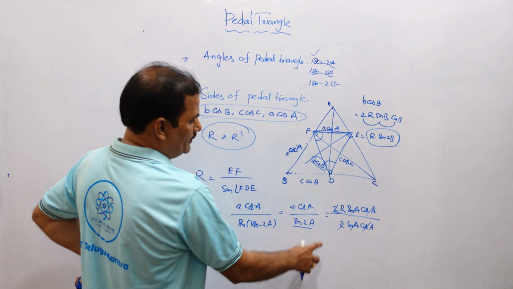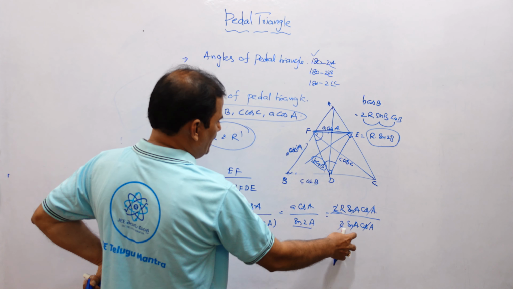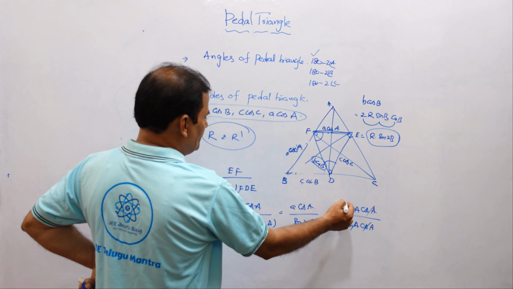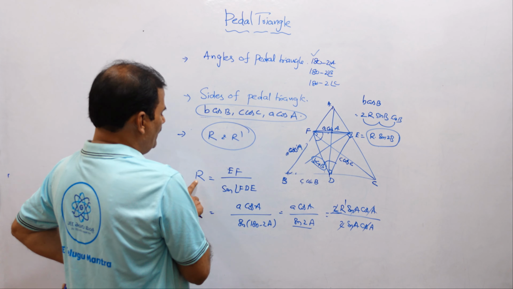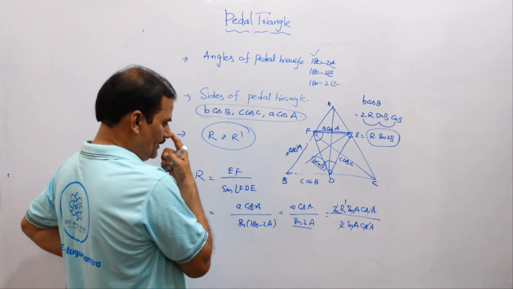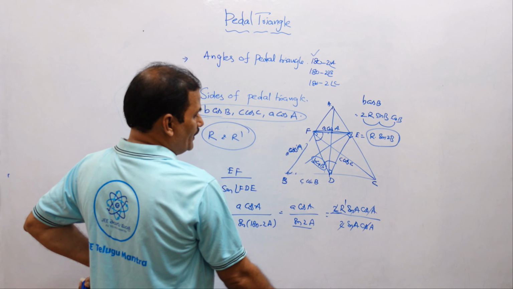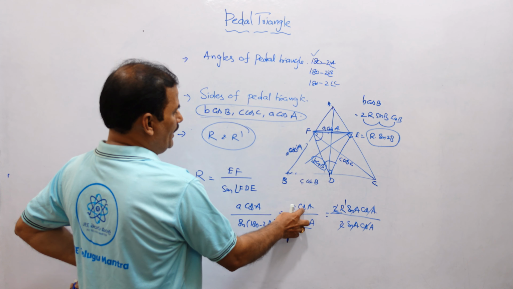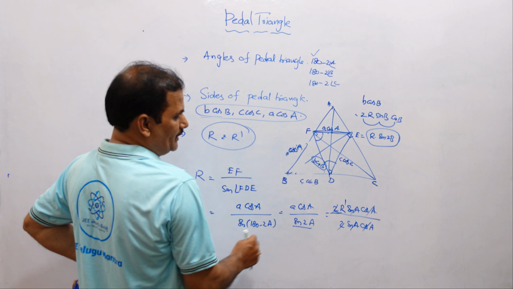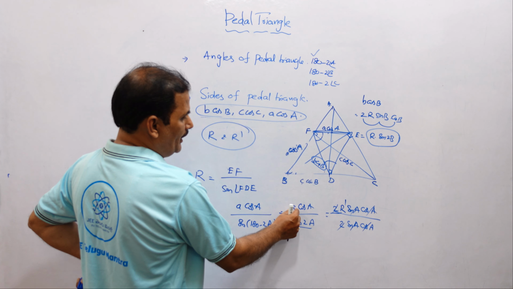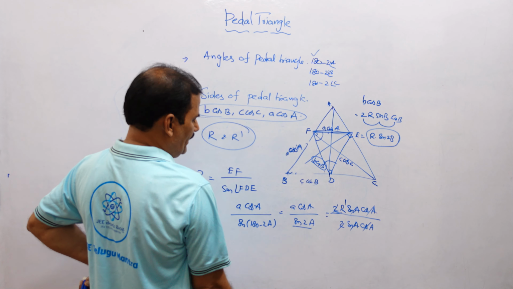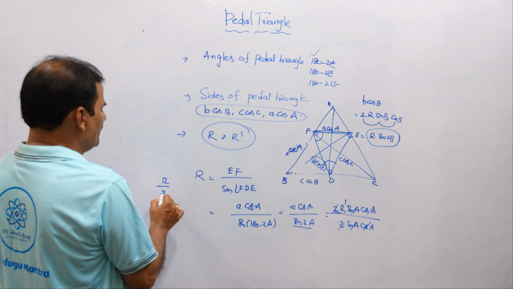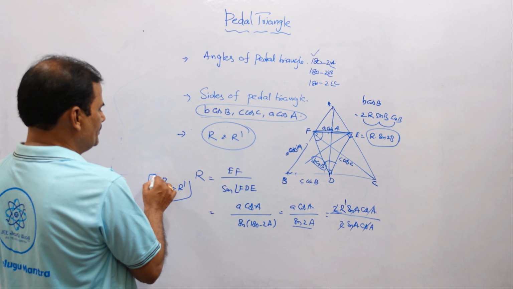Now this is R. 2R sin A cos A by 2 sin A cos A. Now we get, we take it as R dash because R is general triangle circumradius and this is pedal triangle circumradius. Therefore, A cos A by sin 2A. This is A means 2R sin A cos A, 2 sin A cos A cancel here. R by 2 is equal to R dash.